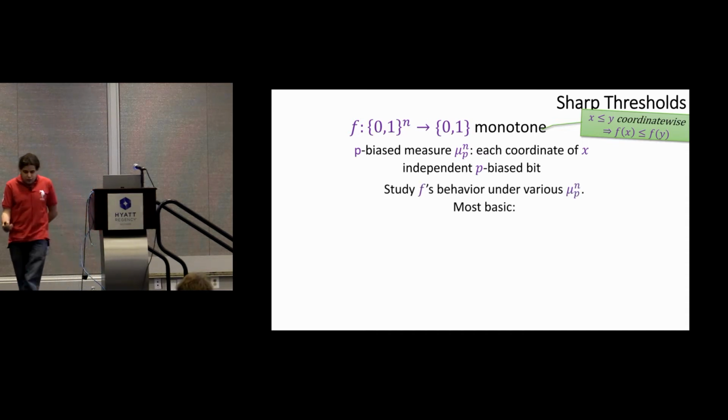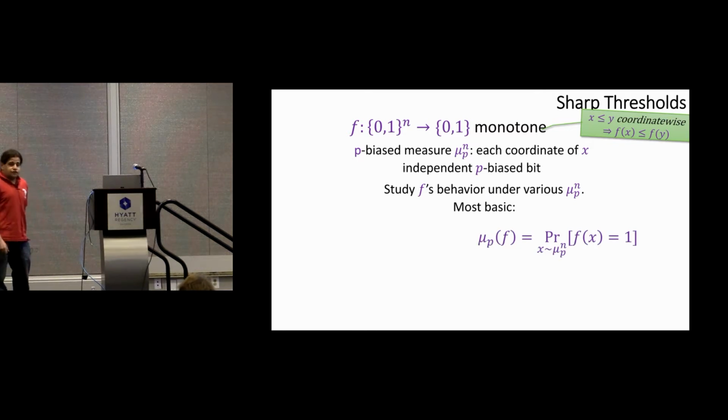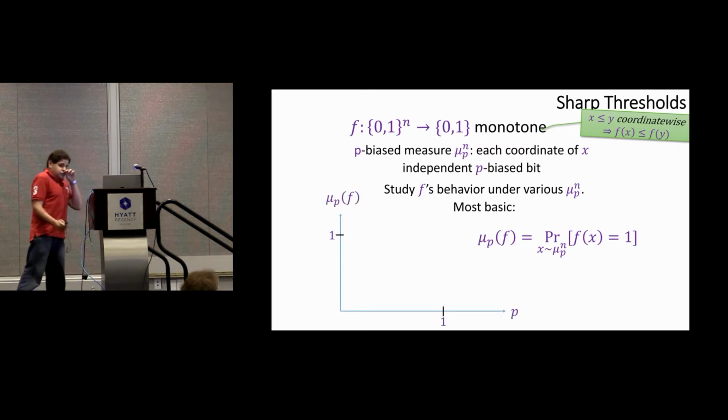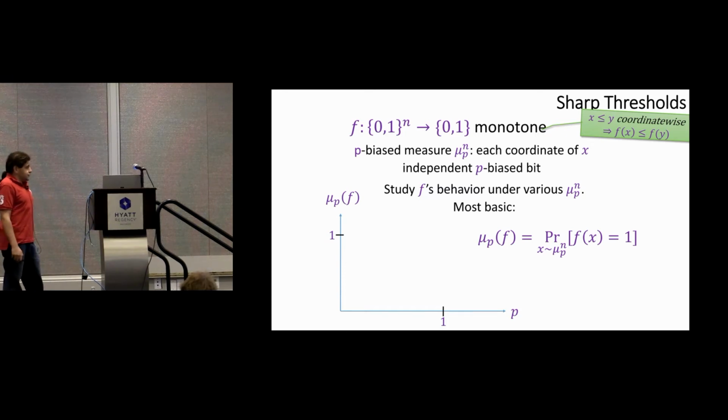With probability p, it is 1, and with probability 1 minus p, it is 0. So what is the most basic thing we can ask about a function on the cube? Well, the most basic thing is, what is the average of that function given a specific measure? Okay, so we can draw this graph of the average as a function of p.